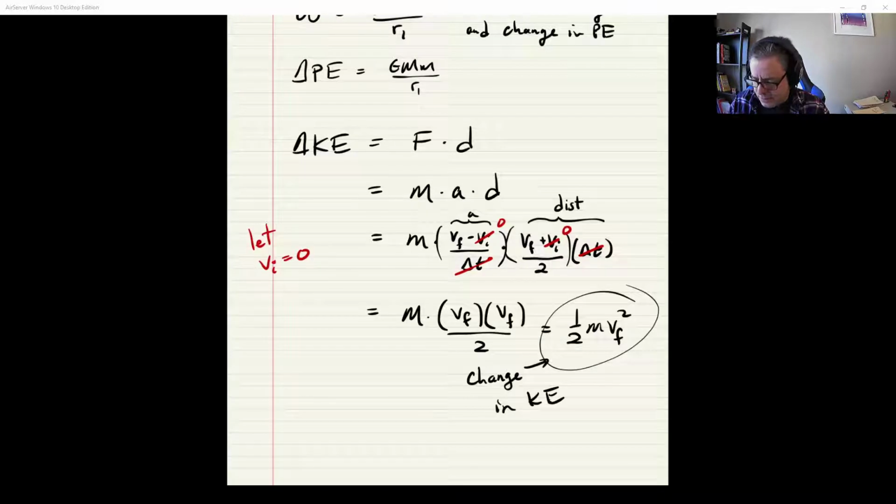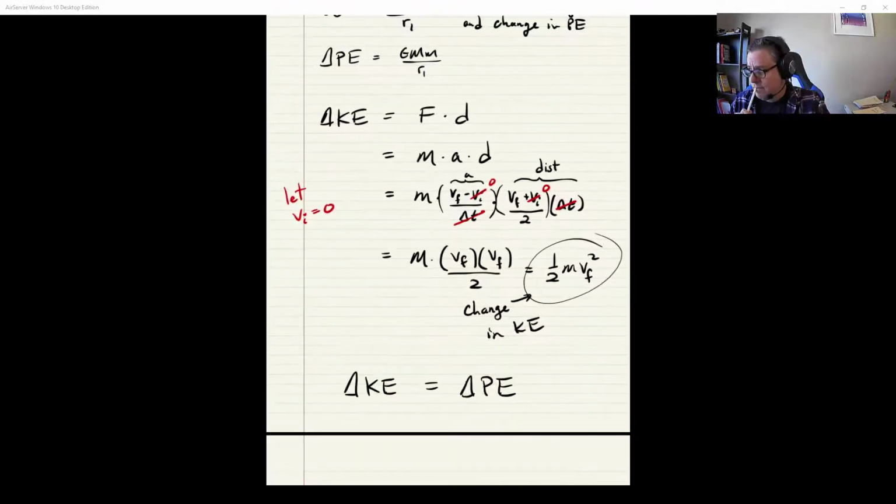Well, it's now at this point that we can actually equate the change in kinetic energy, or the total energy provided by the velocity of the rocket, to the potential energy that it needs to increase to escape the gravity field.